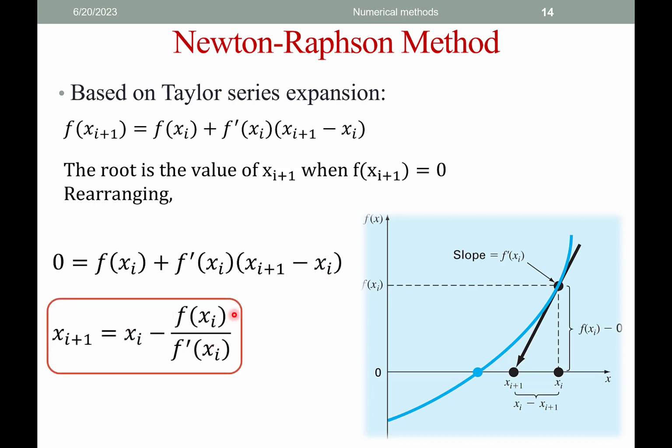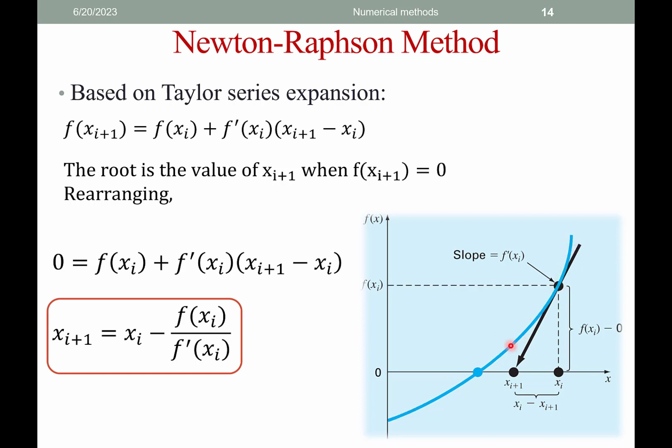So this is the Newton Raphson method equation, which is derived from the Taylor series. We saw an example in the first couple of slides, but we will go deeper into this in an example later on. Here we have our initial guess, x_i.